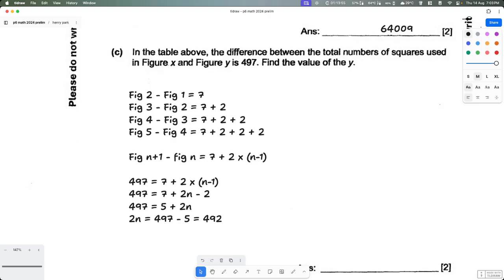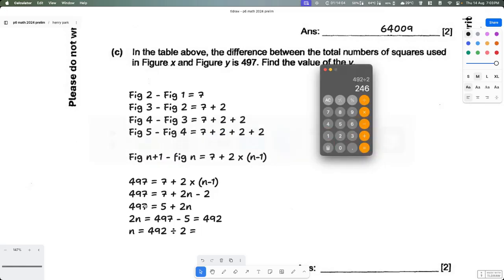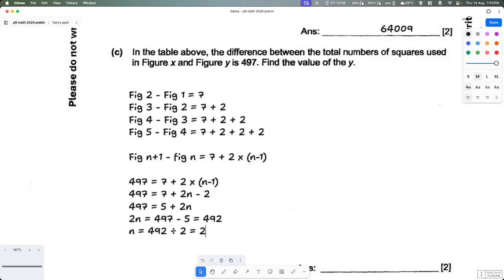Then n is equal to 492 divided by 2, which is 246.